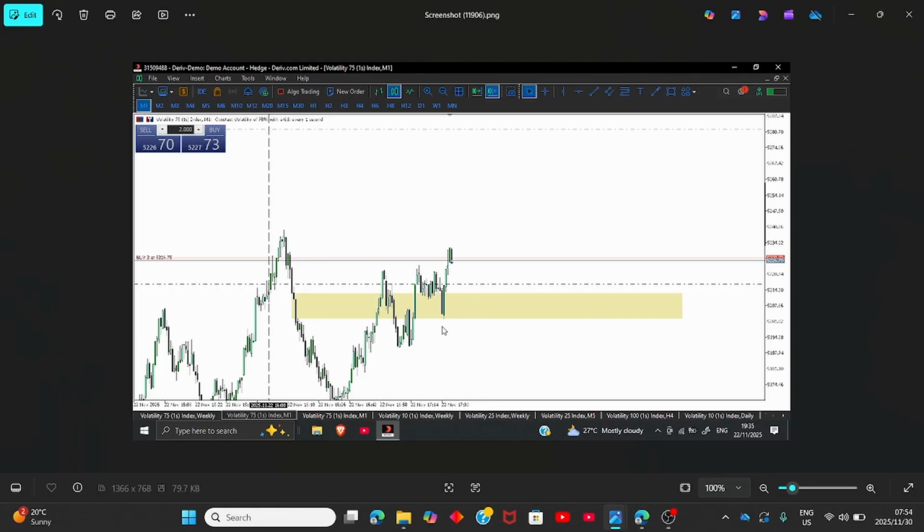And you can see how beautifully price respects this fair value gap, and then you had that big displacement. So I was watching this and I was like, okay, now I know I'm in the early portion of the session, and if that is the case, I can anticipate price rallying towards the draw on liquidity.